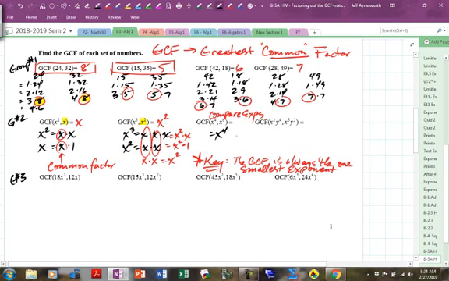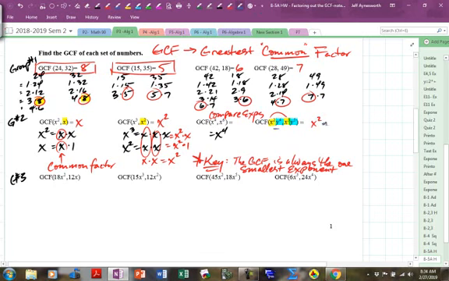Again, the smallest exponent. And then here, when you compare multiple variables, you look at variables one at a time. So you compare x squared with x cubed, and notice that x squared has a smaller exponent. 2 is less than 3, obviously. And then when you compare y to the fourth with y to the fifth, guess what? y to the fourth has the smallest exponent.